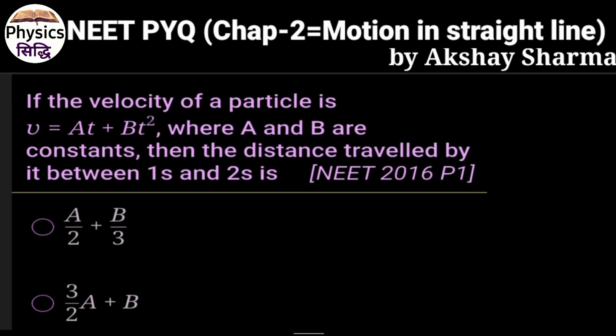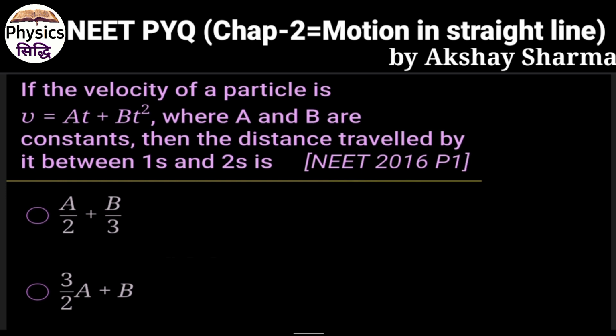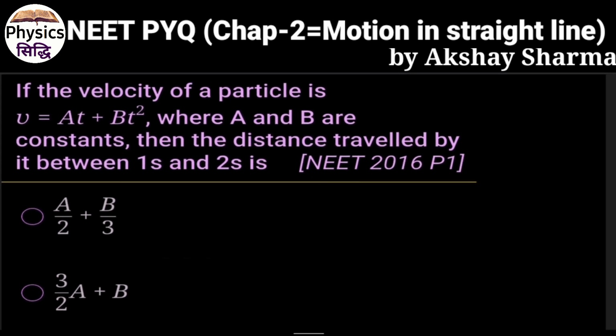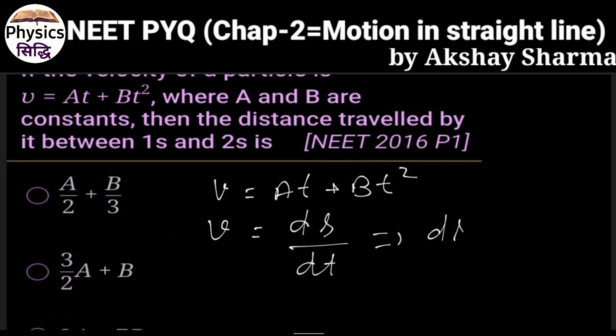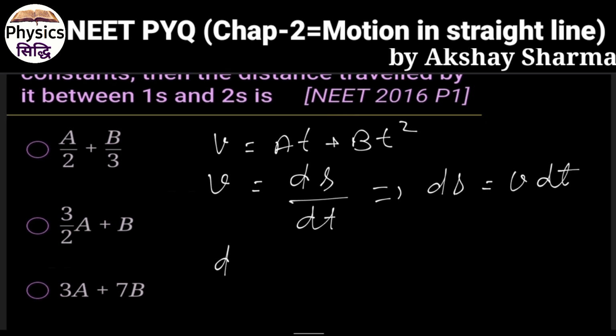The next question is, if the velocity of a particle is v equals at plus bt square, where a and b are constants, then the distance traveled between 1 second and 2 second is. So velocity is at plus bt square, and we know that velocity v is ds by dt. So ds becomes v into dt, and we have to calculate the distance traveled. Integration 0 to s is the limit for displacement, and for time it is 1 second to 2 second.